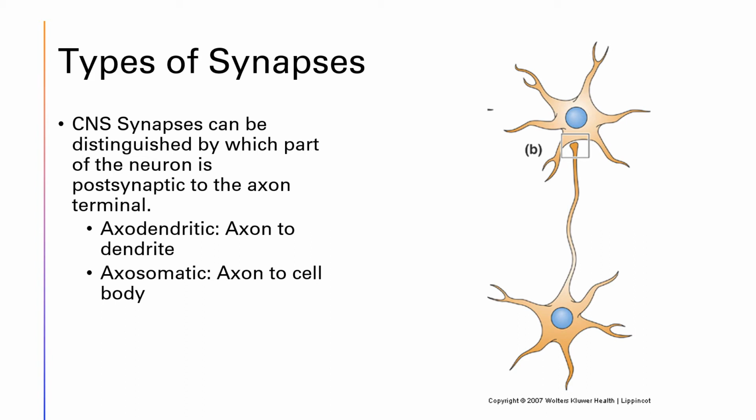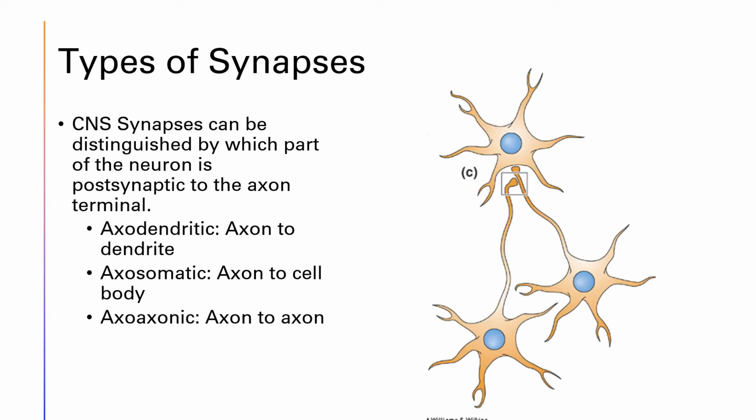Because of the volume of the cell body, you're probably having a smaller effect on the outcome for the postsynaptic cell, but probably some kind of regulatory effect of what that postsynaptic cell is going to do with all the incoming information, right? So you've got all the information coming in from the dendrites, and then you might be able to slightly regulate that by influencing what's happening in the soma with an axosomatic synapse.